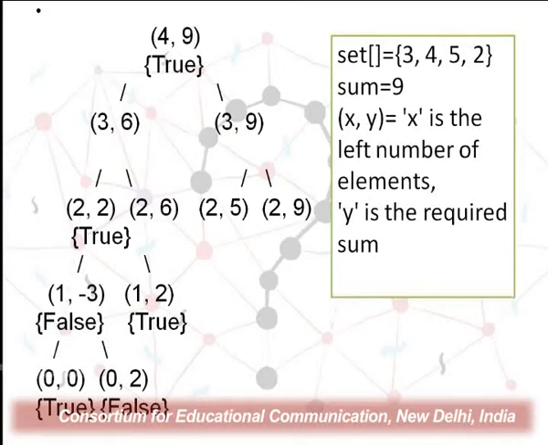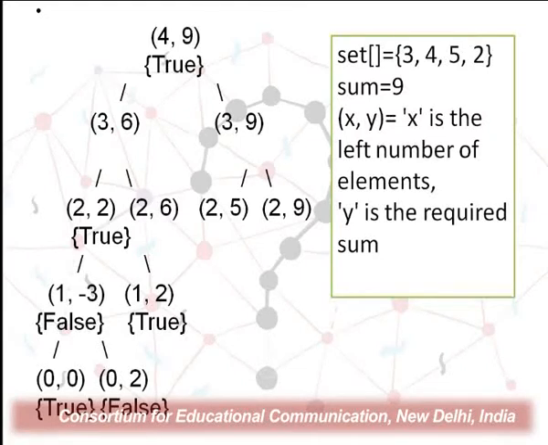And let us say we are not considering that 3, the second option says the items left under consideration are 4, 5 and 2, but the sum to be achieved is still 9. So the left side says we are taking that item into consideration, the right side says we are not taking the item into consideration. Similarly, 3, 6 will again branch into 2, 2 and 2, 6.